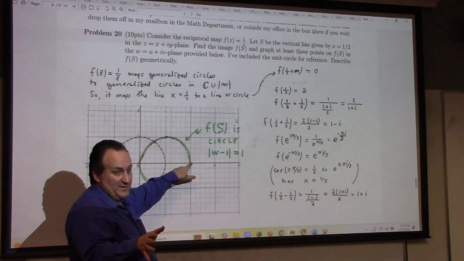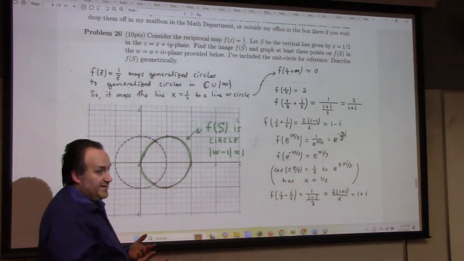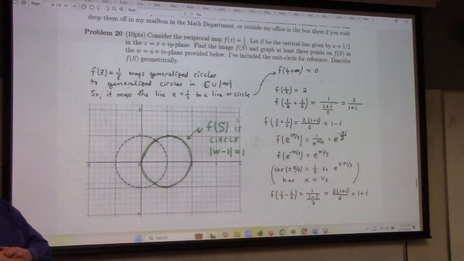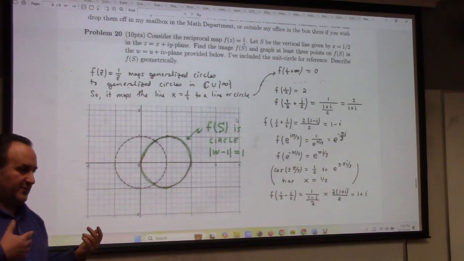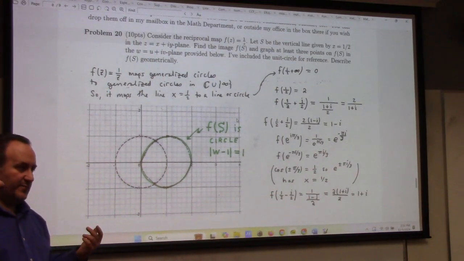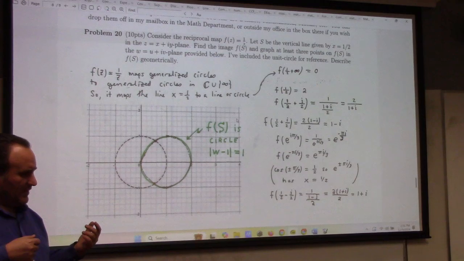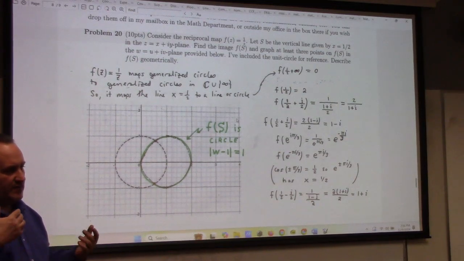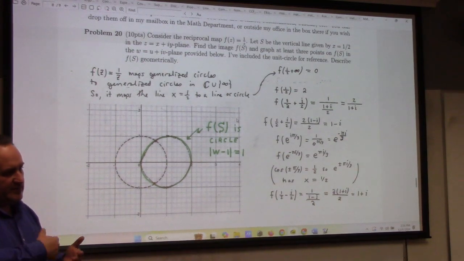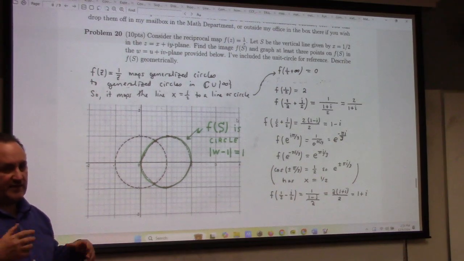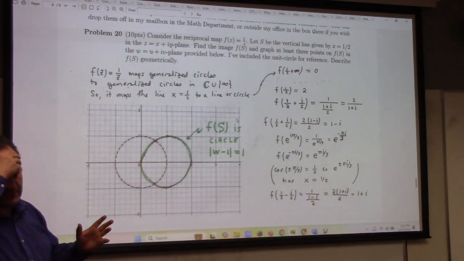By the way, you also know it's a circle because the reciprocal map is an example of a Mobius transformation. One of the things I told you was that a fractional linear transformation, something of the form (az plus b) over (cz plus d), where ad minus bc is not equal to 0, is a composition of rotations, dilations, translations, and inversions. And all of those map generalized circles to generalized circles.